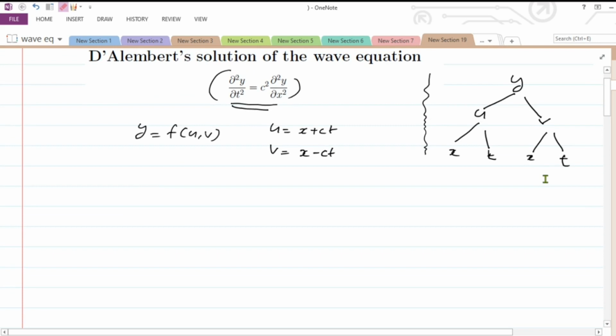Now we are expected to find the partial derivative with respect to x, dou y by dou x. Using this tree you can clearly find it. To reach x we have to travel via u, and we can also travel via v and reach x.